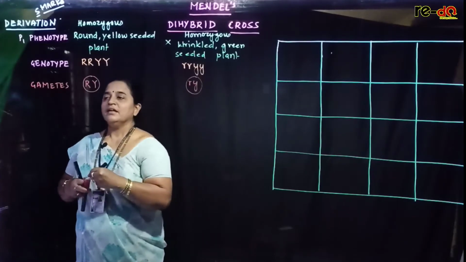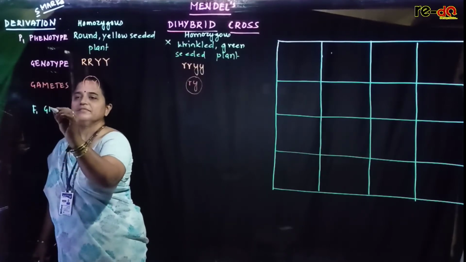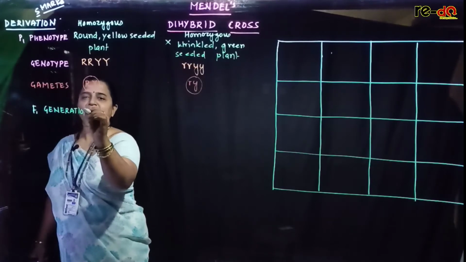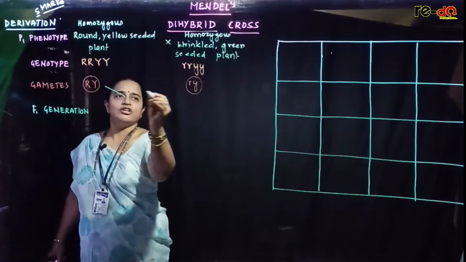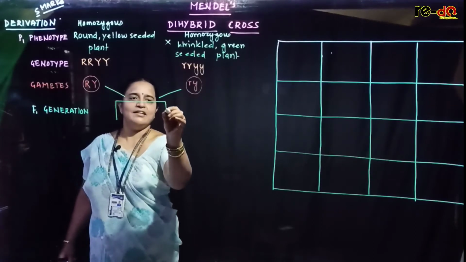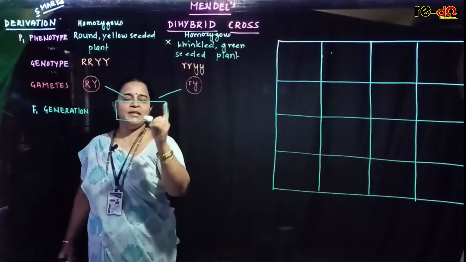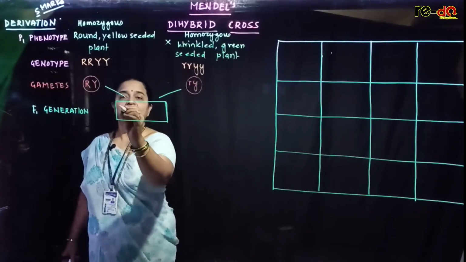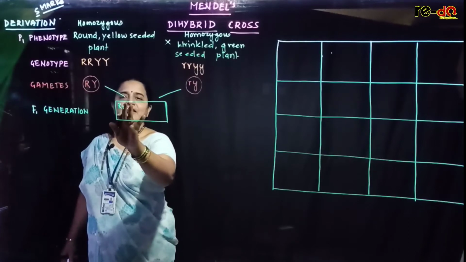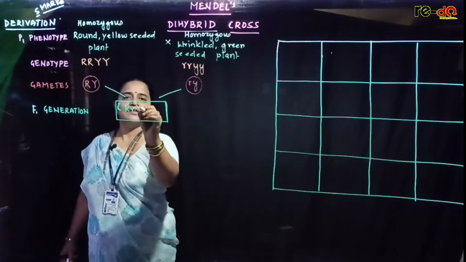Now, the resulting F1 generation. While writing this, please be cautious. You need to draw a rectangle and you should not write RY. Take similar letters together. In that, first it should come capital R and second it should come small y.